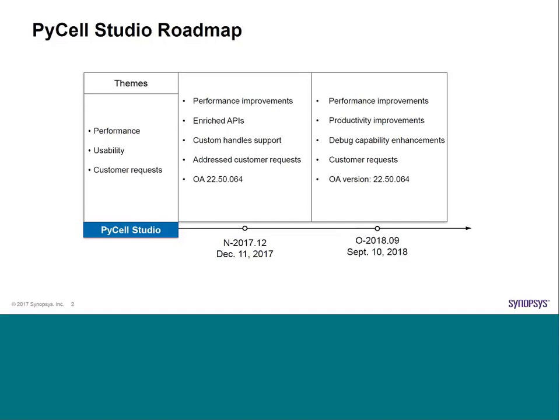Along with that, we are enhancing our debugger to add more debug capabilities so that when people are creating their PyCells, it will be easier for them to come to a debug point quickly. That way it helps in reducing the timeline for PyCell development or debugging.